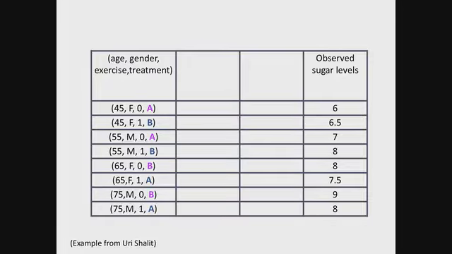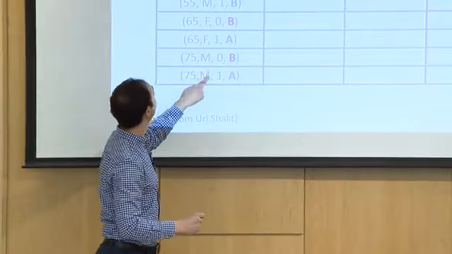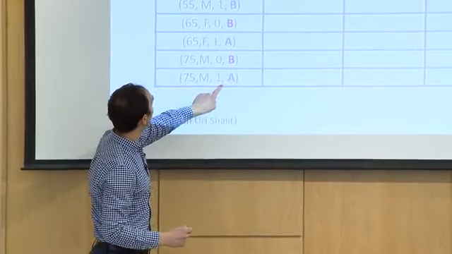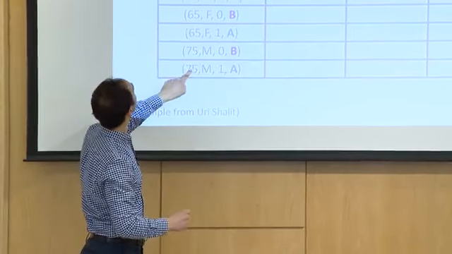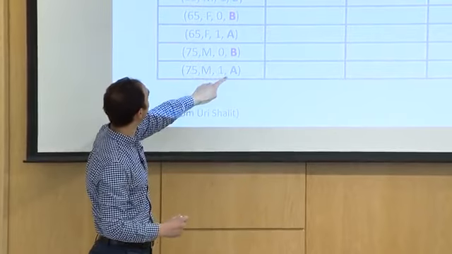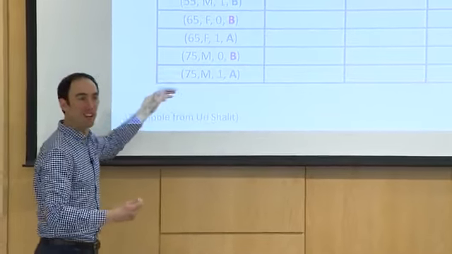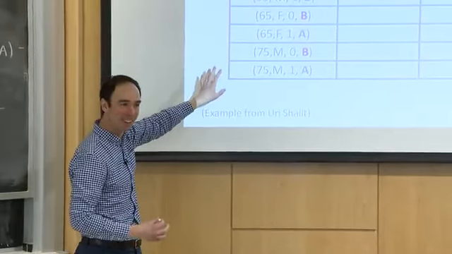And you could look to see, OK, here you have one 75-year-old male who does exercise frequently and receives treatment A. Is there anyone else in the data set who is 75 years old, male, does exercise regularly, but received treatment B? Yes or no? No. Good. OK, so overlap is not satisfied here, at least not empirically.